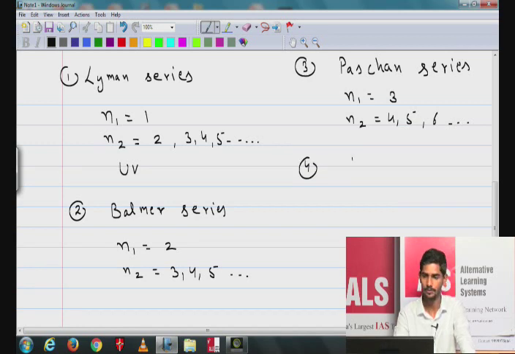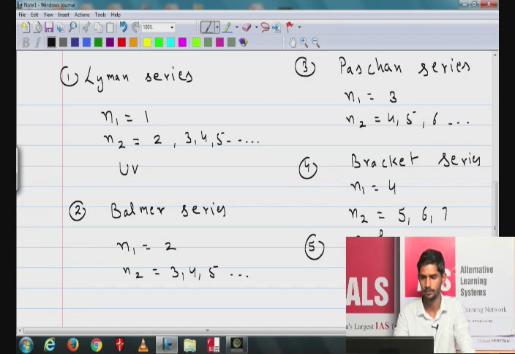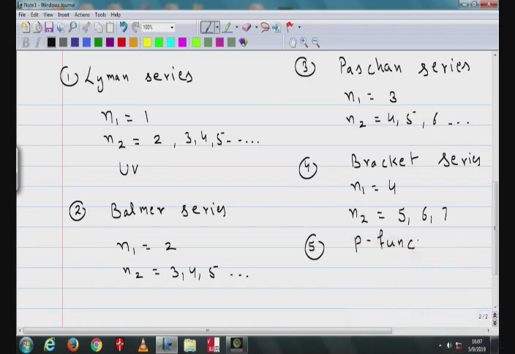Next was the Brackett series, where n1 was 4, n2 was 5, 6, 7. Last, the Pfund series, where n1 was 5 and n2 was 6, 7, 8 and so on.